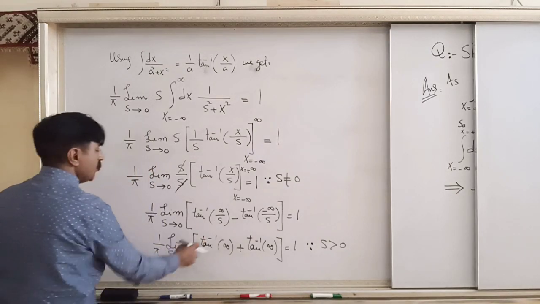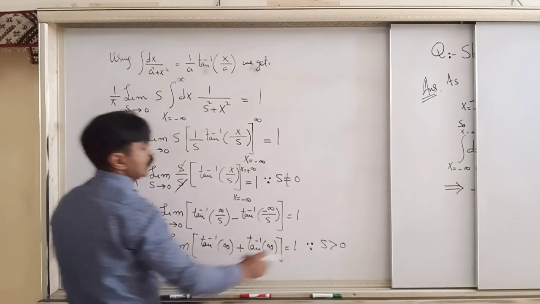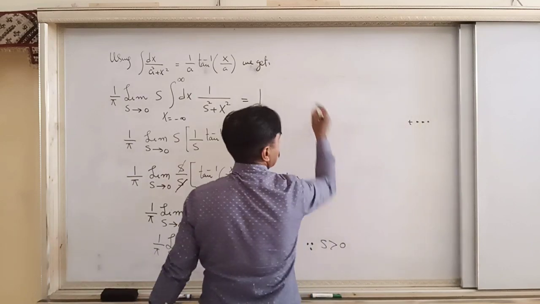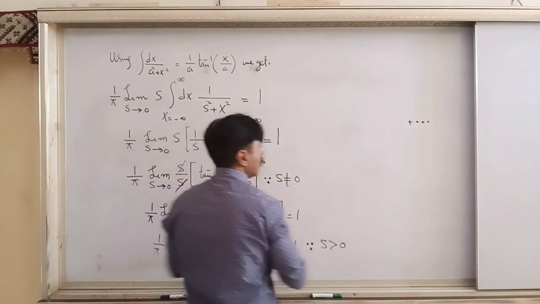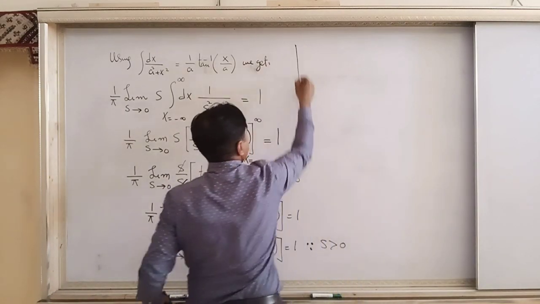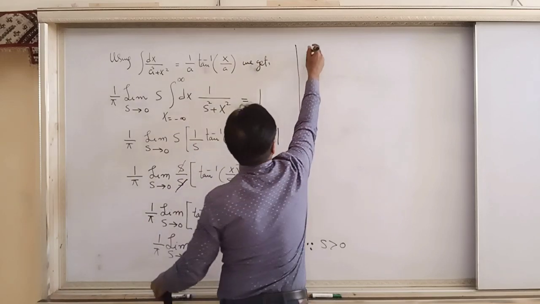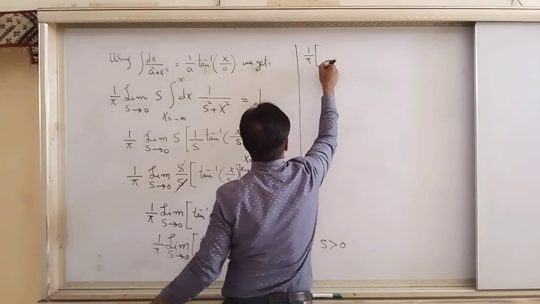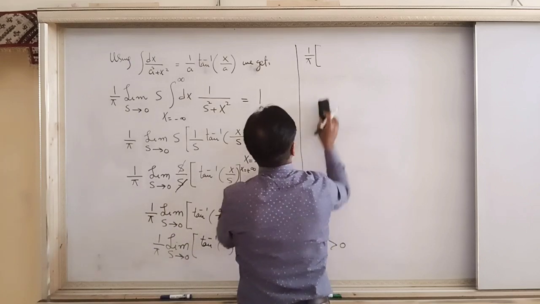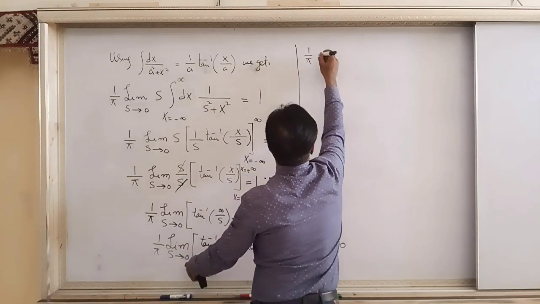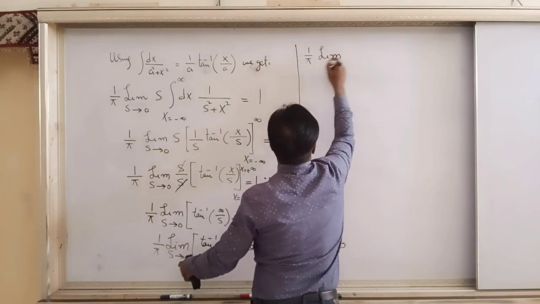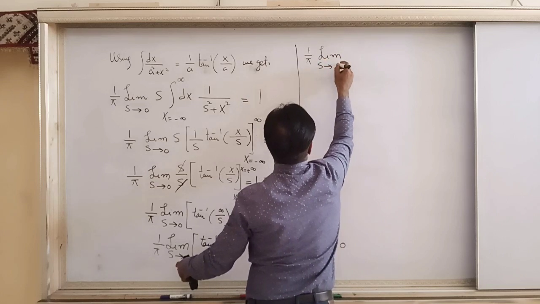Now tangent inverse infinity is pi over 2, and let's write here 1 over pi into limit s approaches 0.